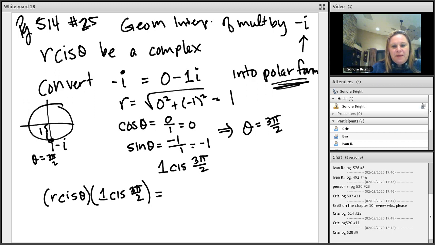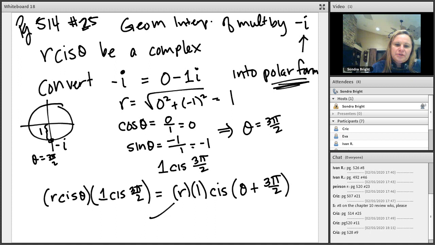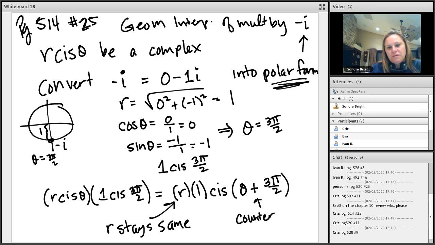Do you remember we multiply complex numbers by multiplying the r's together, and then it's a cis, and then add the angles. So what that means, geometric interpretation, is your r stays the same, r times 1. But here, you're adding 3 pi over 2, which means it's a counterclockwise rotation.